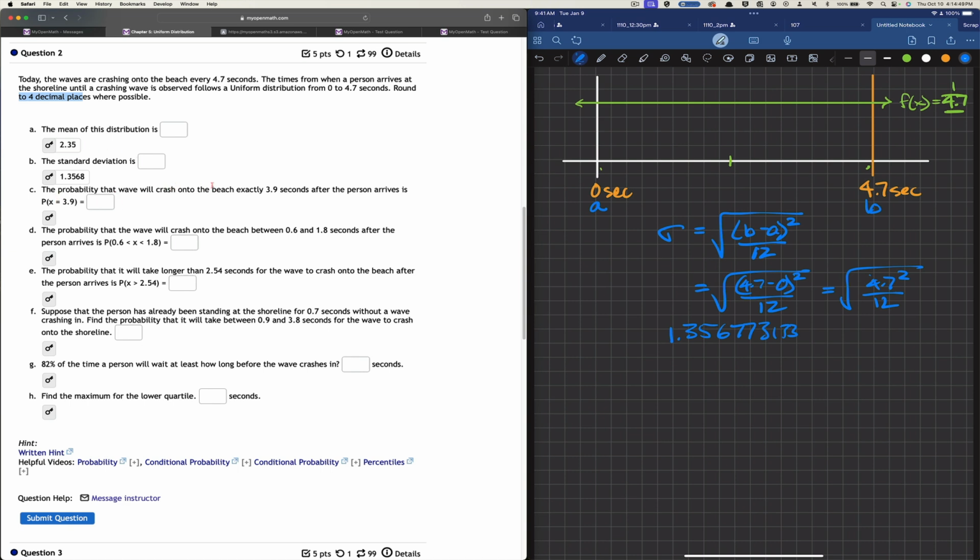The probability that the wave will crash onto the beach exactly 3.9 seconds after the person arrives is the probability of x equaling 3.9. And I'm hoping at this point in time, we do know that the probability of a single value is 0, because remember, we're talking about areas. So the probability of a single value is represented by a vertical line, and that line has no width.